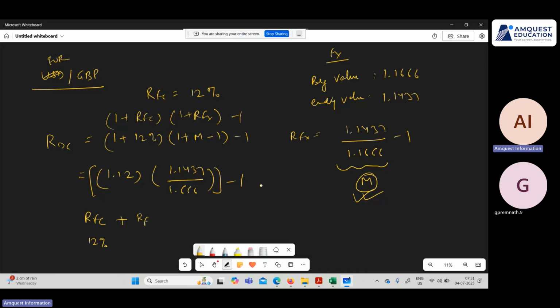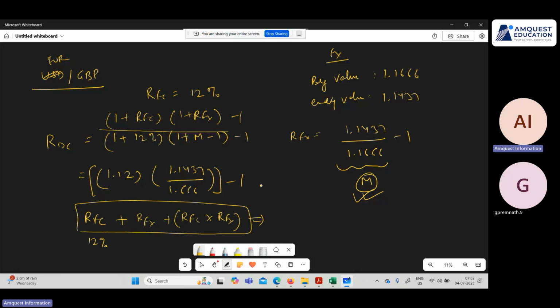The negative sign will come automatically, okay? Yeah. Plus RFC multiplied by RFX. Okay, this is what you want to do. This will be fine. This is as good as what we did, exactly the same. You just opened it up, which is perfectly okay, and the answer will still be the same.